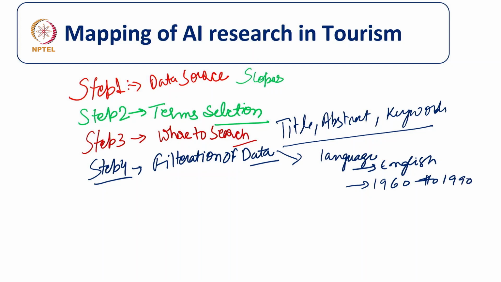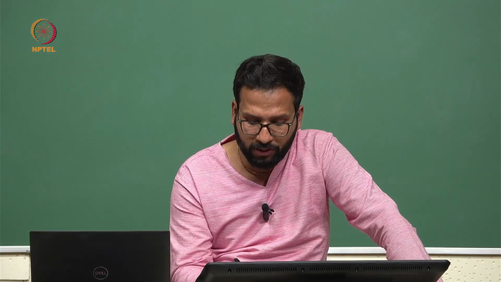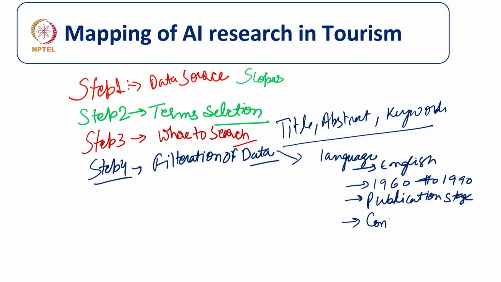Then we may want to filter the results by publication stage. Some of the articles may not be published, so we may restrict to the publication stage. Then we may want to filter the data based on document type. We can have document types like conference paper, article, review paper, editorial, notes, data paper, and so on.